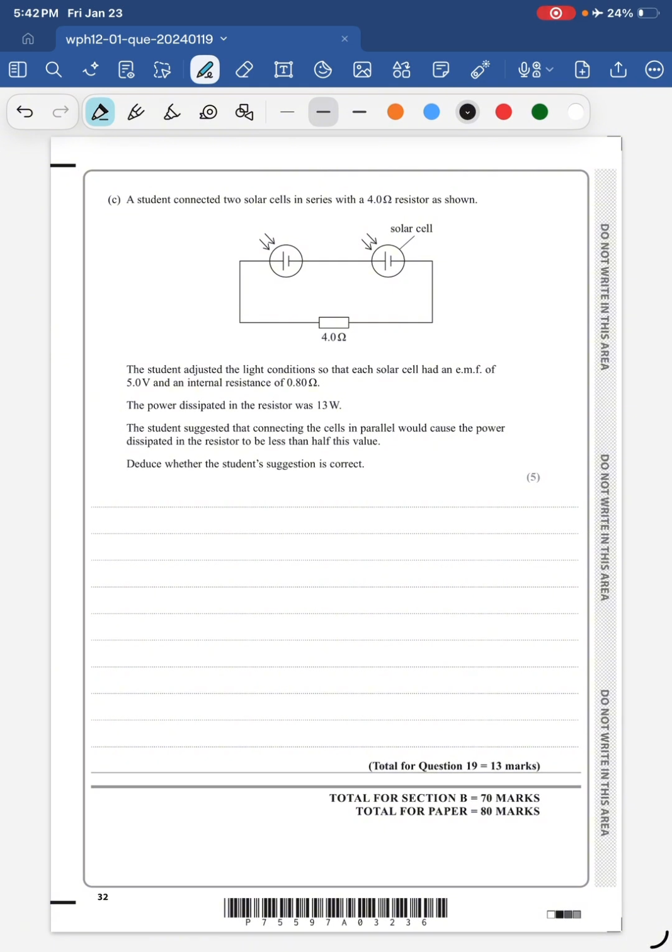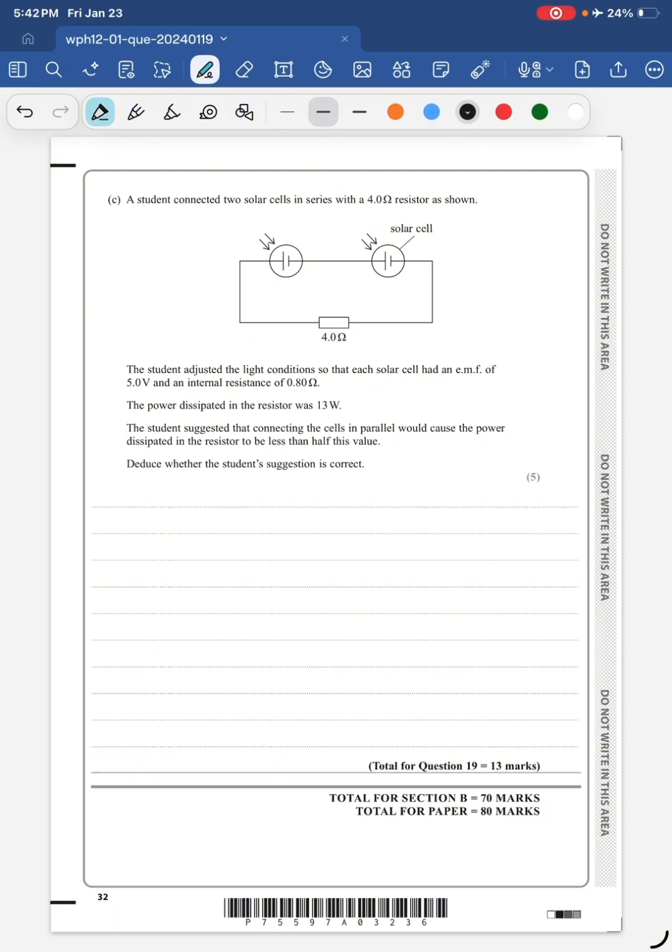to part C. Okay, let me check. What did I do here? A student connected 2 solar cells in series with a 4 ohm resistor as shown.